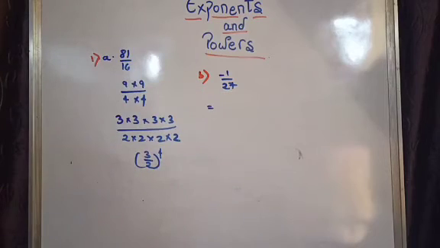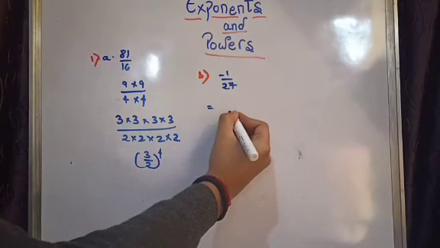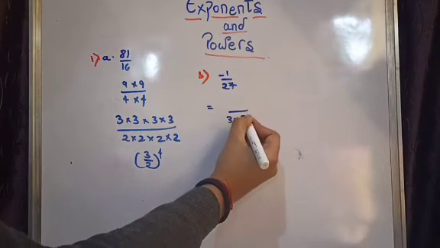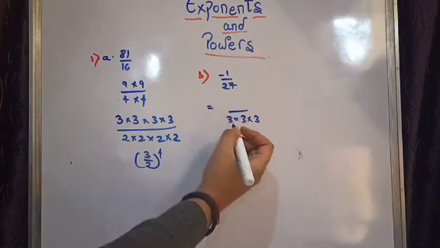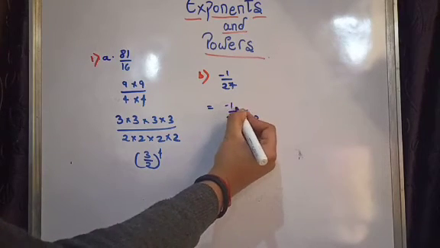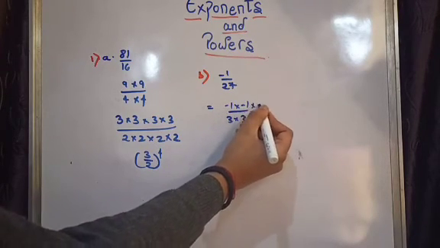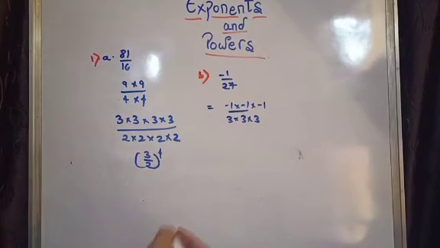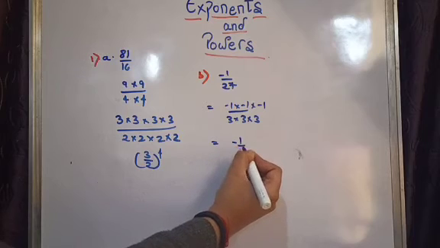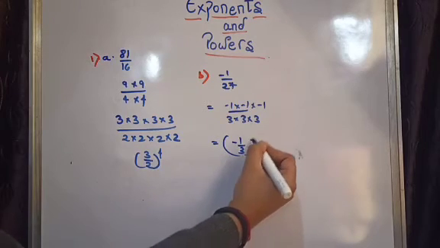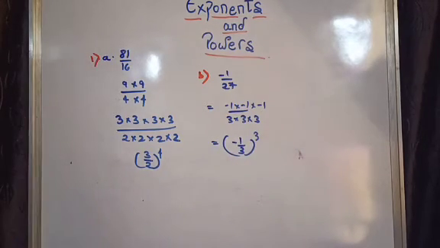I can see 27 is a cube, so I will write 3 multiplied by 3 multiplied by 3, and minus 1 is also the cube of minus 1, so I will write minus 1 multiplied by minus 1 multiplied by minus 1. Then I will take the same power, so it will result in (minus 1 over 3) whole to the power of 3. So see, our B1 question has also been solved.